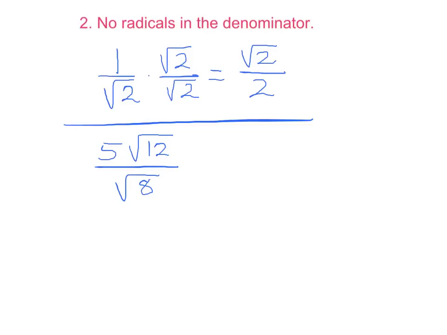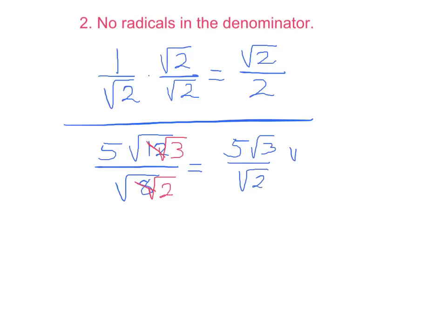Well, one thing I can do, like I mentioned before, is I can simplify this. 4 goes into 8 twice, so that's now the square root of 2 down there. And 4 goes into 12 3 times, so that's the square root of 3. So really I've got 5 root 3 divided by root 2.